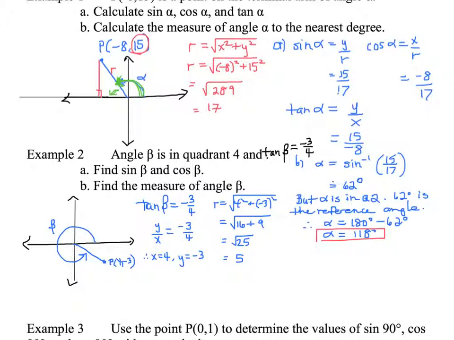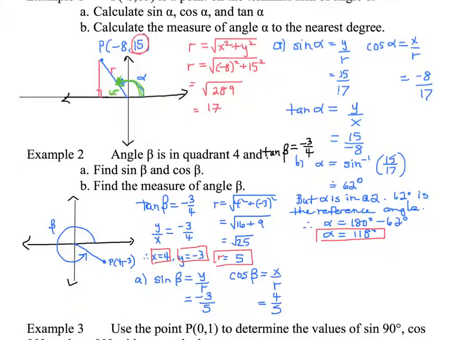So now we have values for x, y, and r, and I can use those values to find expressions for sine and cosine. So we know that sine beta is equal to y over r. So now I know that will be -3/5. And cosine beta is equal to x over r, which will be 4/5.